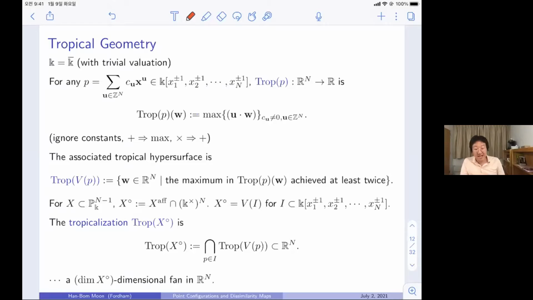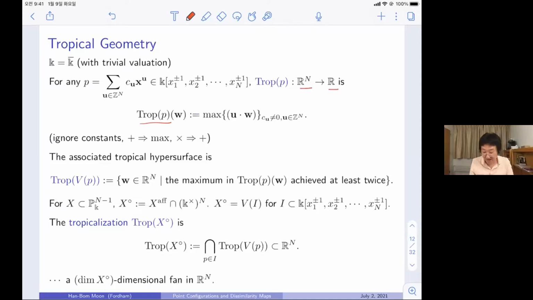Now let's take any Laurent polynomial P with n variables. Then for this polynomial, we can define the tropicalization of the polynomial, trop, which is a map from R to the n to R, which is defined in this way.